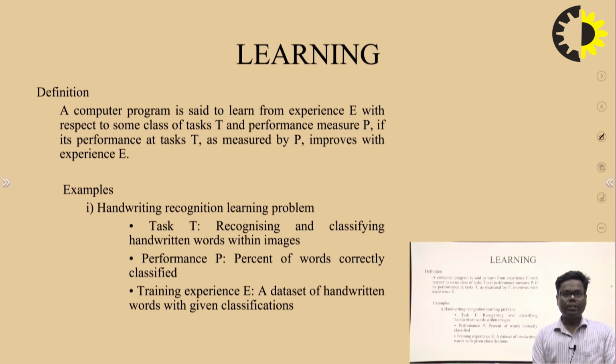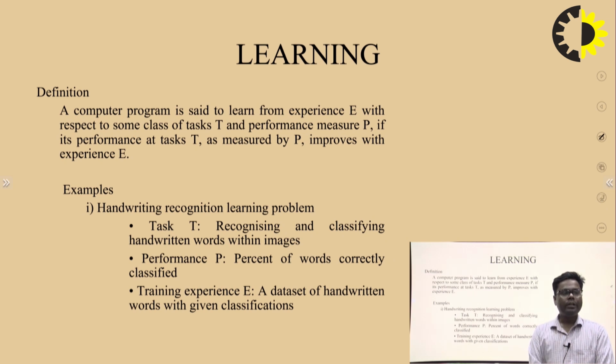There are three words: P, E, T. P is the performance measure, E is experience, and T is some task. If, as a faculty, we give some tasks to the students, and the student performs the task and gains some experience E, and this experience improves, it is known as the learning of that student.